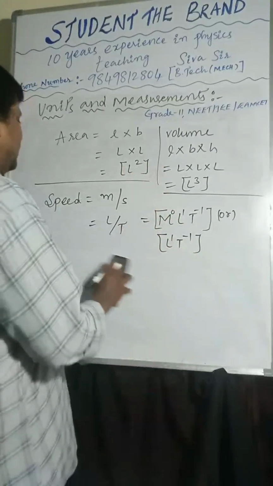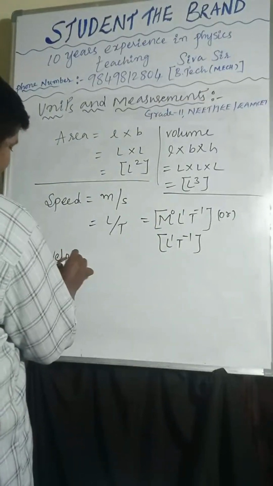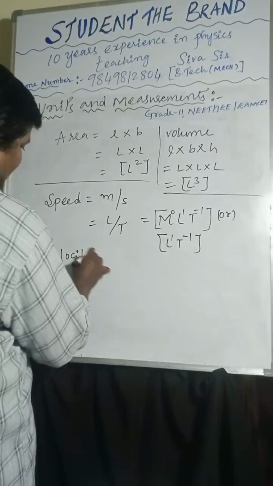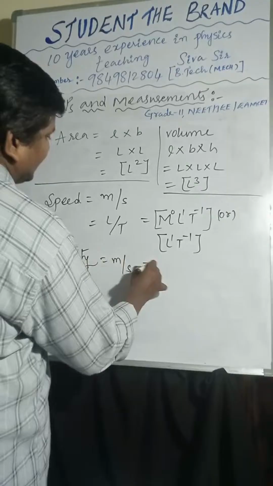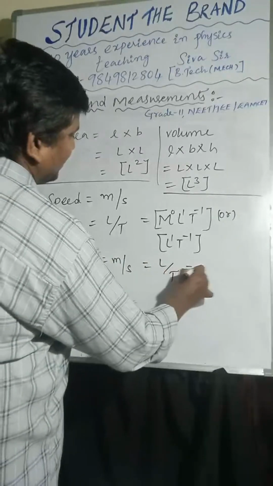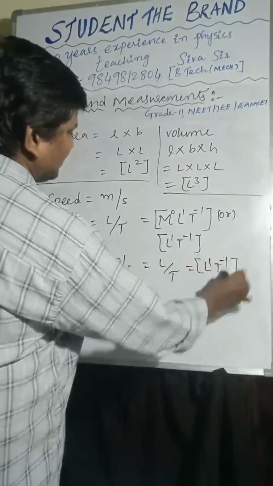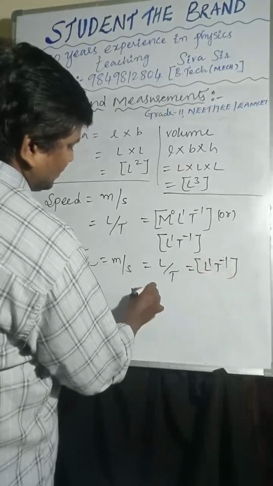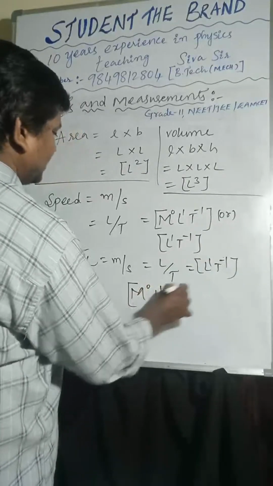Next one, we are going to the velocity. I am considering that is also meter per second, that is nothing but L by T. So L by T, L power 1, T power minus 1. So M power 0, L power 1, T power minus 1.